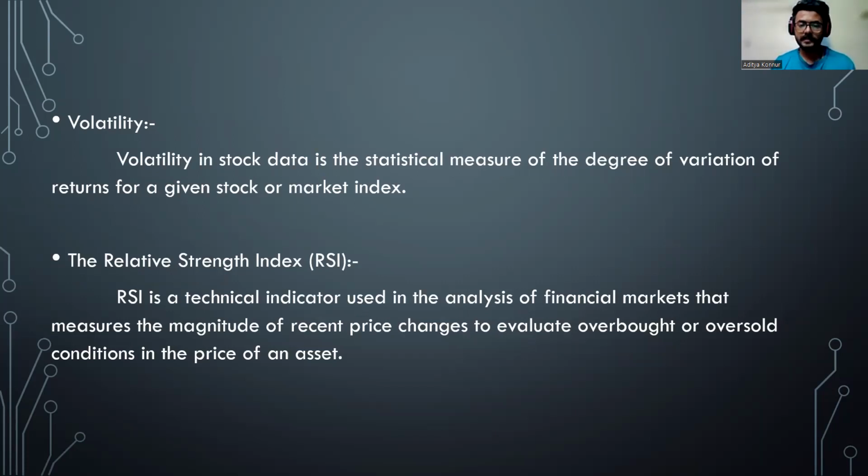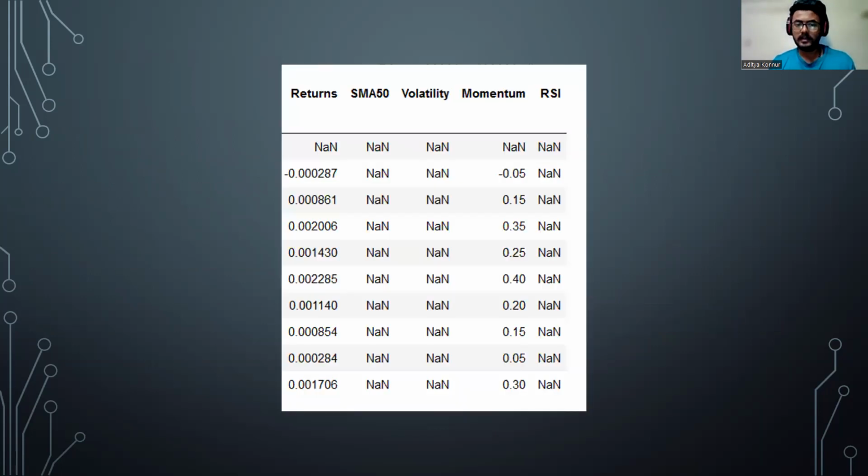It actually measures the magnitude of recent price changes to evaluate overbought or oversold conditions according to the given data set, which is a very good asset in calculating stock market data. These are the columns. Basically, these are null values because the open, close, volume, and other columns give these values.